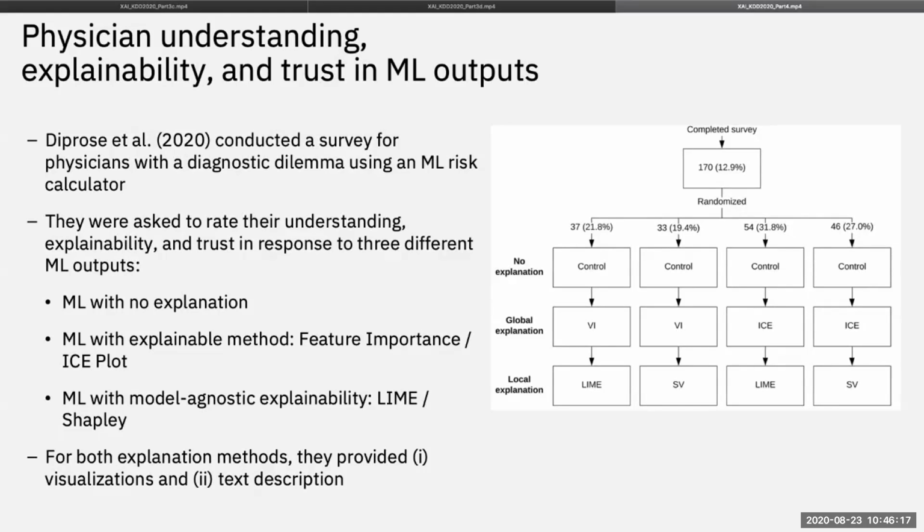Second, machine learning with explainability methods such as feature importance and ICE plots. Third, machine learning with model-agnostic explainability methods such as LIME and Shapley. They provided visualizations and text descriptions for those explanation methods in the second and third.